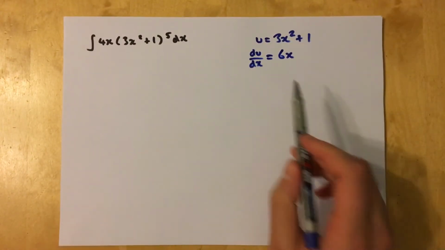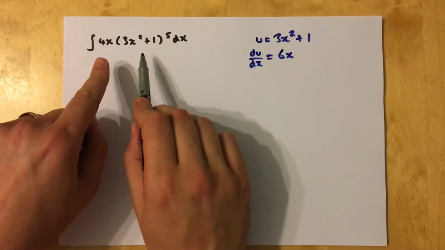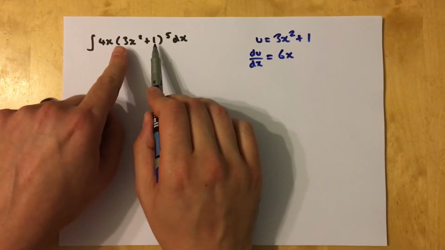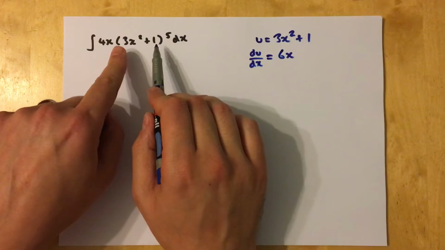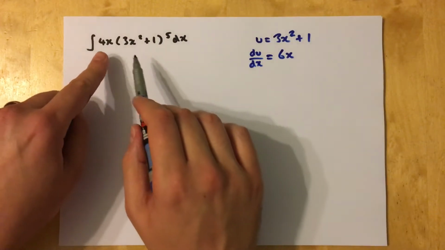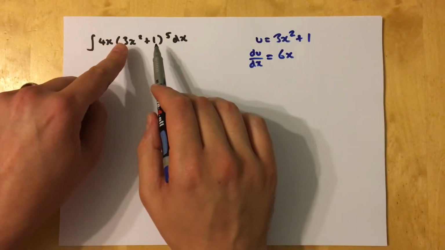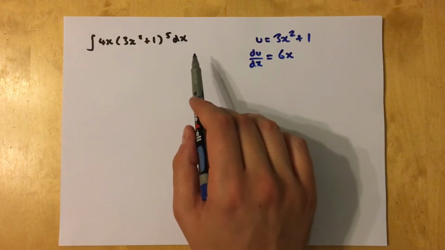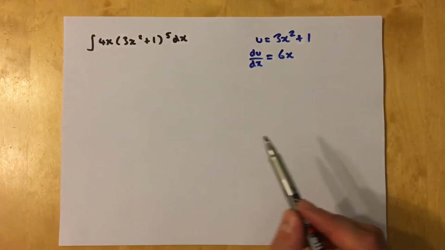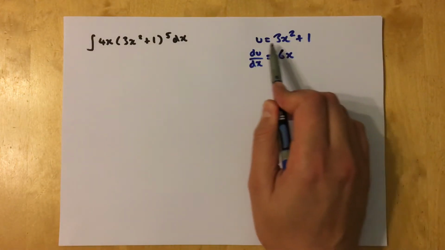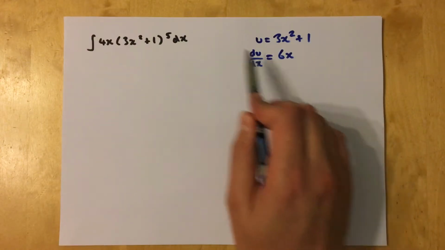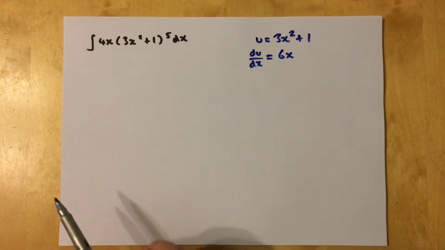Now if we look at the function we're trying to integrate, I can easily replace that 3x squared plus 1 just with u. But the problem is I then have a function that involves x's and u's that I have to integrate with respect to x, which is not ideal. So I also rearrange this to make dx the subject, because then I can replace the dx with something else.